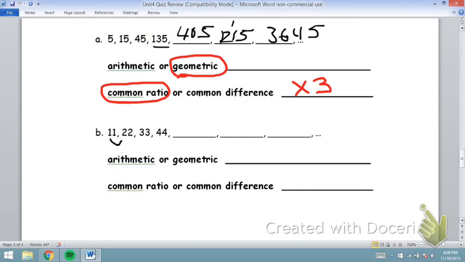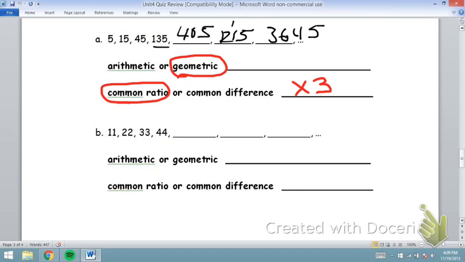So you could do 11 times 2 to get 22. But if you do 22 times 2, you do not get 33. So that cannot be the rule here, times 2. The only other way to get from 11 to 22 is if we add 11. And if we add 11 to 22, we do indeed get 33. And if we add 11 to 33, we do indeed get 44.